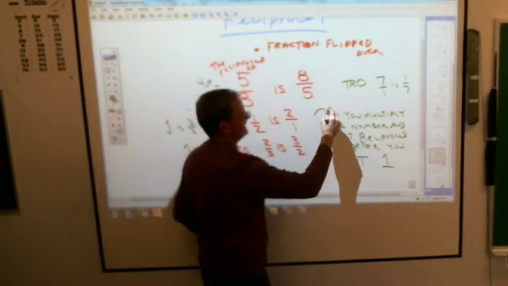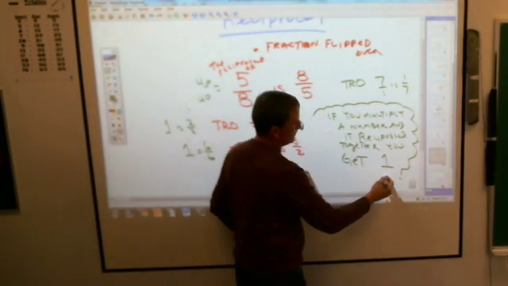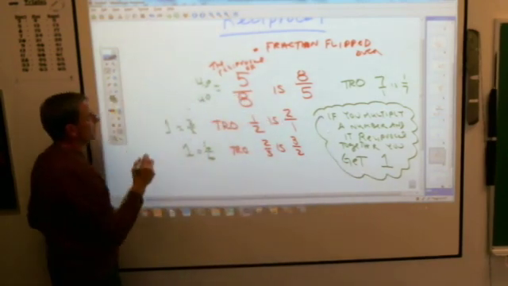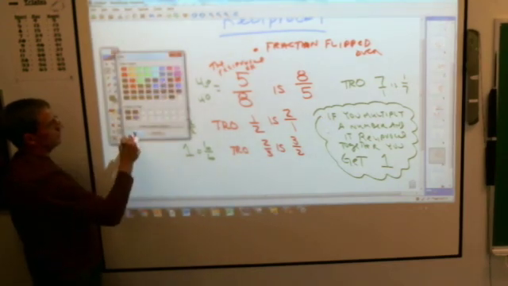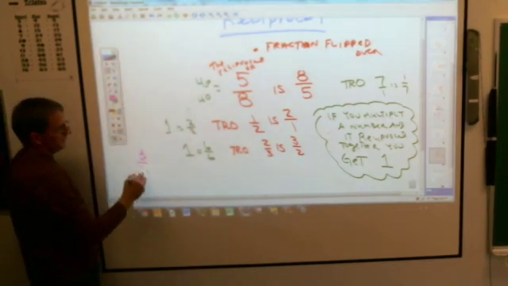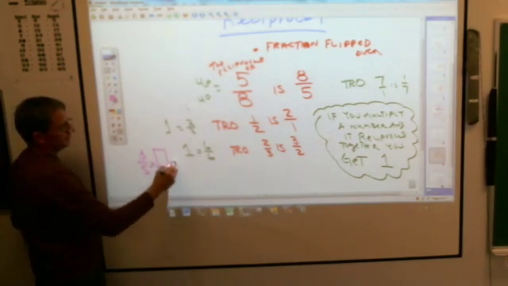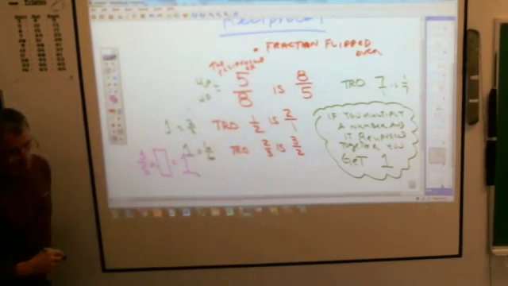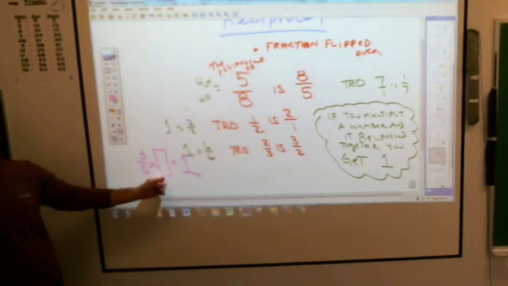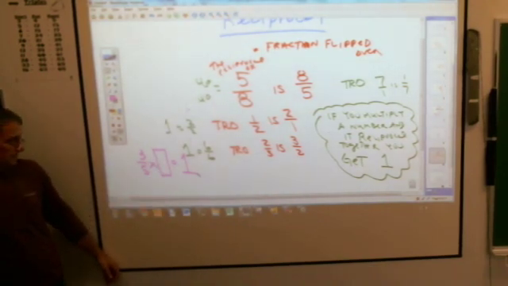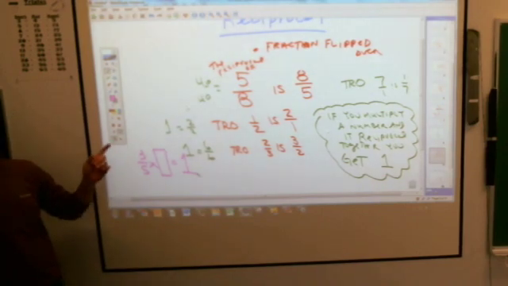Now, with that handy-dandy little fact in mind, the book will give you a problem that looks something like this. 3/5 times what number is 1? To which you will say, well, I know that when I multiply something times its reciprocal, I always get 1. What do you suppose would go there? Maggie? No, that would be adding or multiplying.